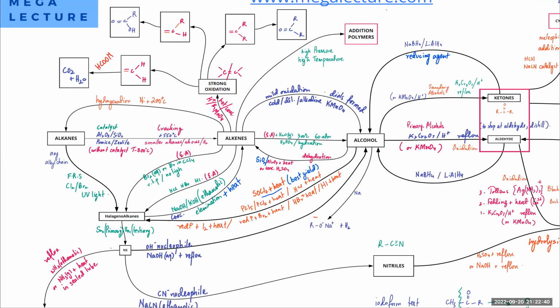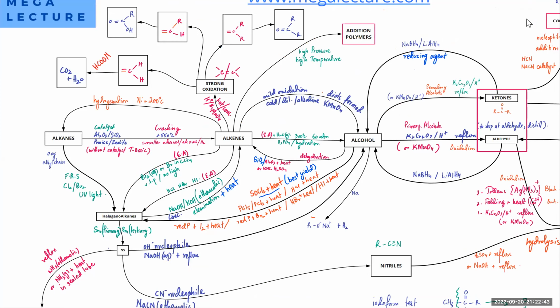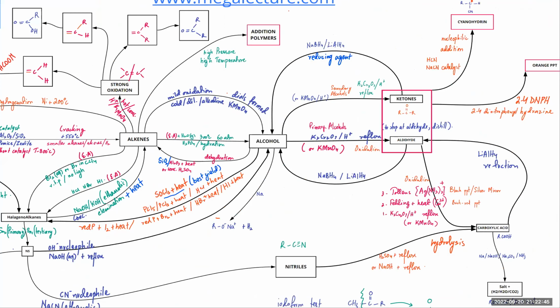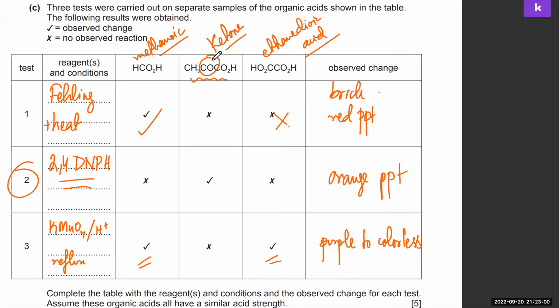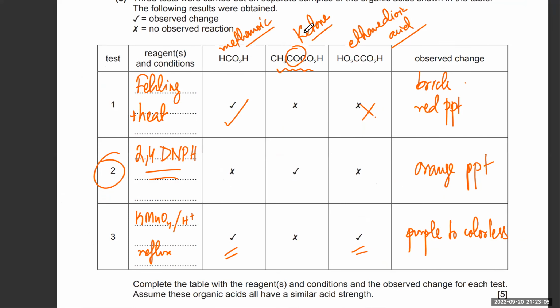If you look at your AS reactions, you'll notice that both ketones and aldehydes have this specific identification reaction with 2,4-dinitrophenylhydrazine, which gives an orange precipitate. So we had to come up with a reaction in which only the middle one reacted. The other two did not. The middle one was a ketone. So that's how we're going to differentiate. The ketone will react and the other two will not, because they're not ketones. Is that clear?